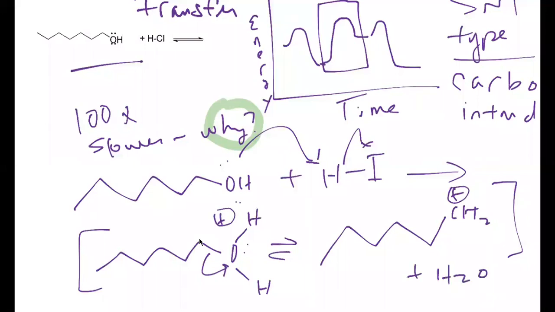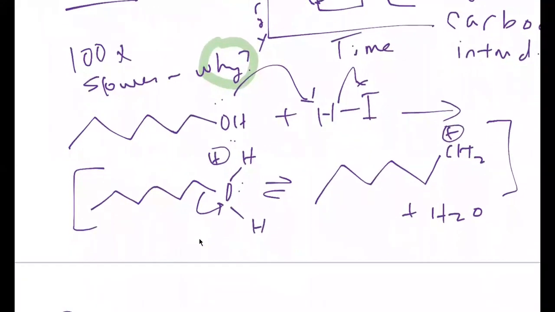All right. If we stop right there, can you tell me why it's 100 times slower? I think Natalie, you hit on this the other day when we first started looking at this. Is it because the positive is on a primary carbon? That's exactly right. Okay, cool.